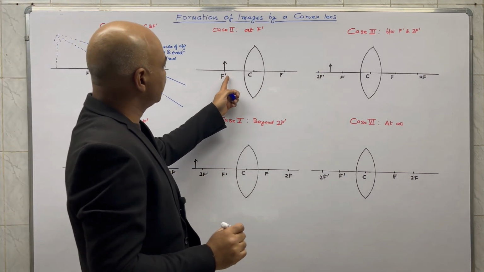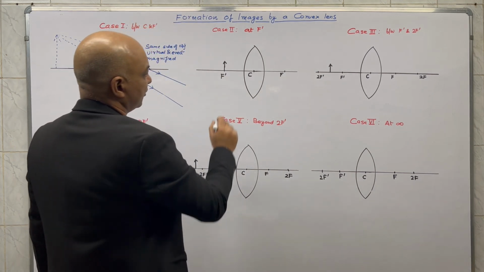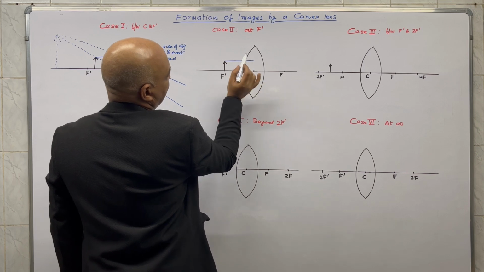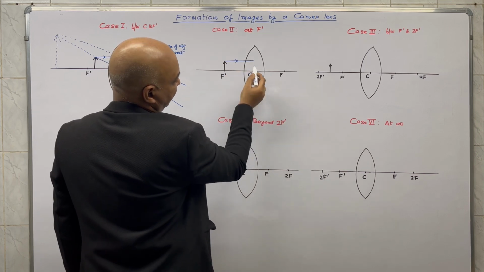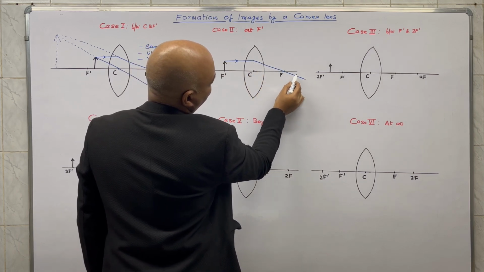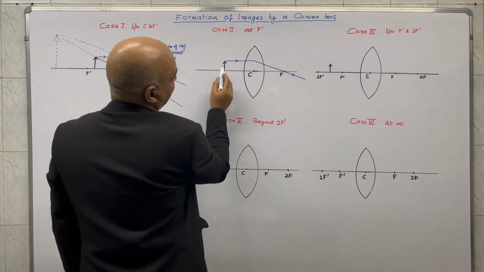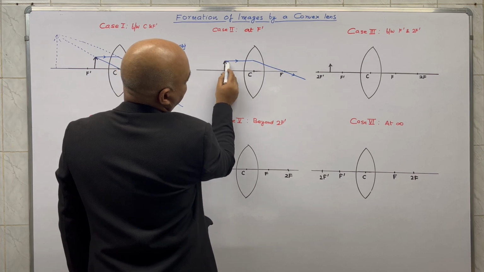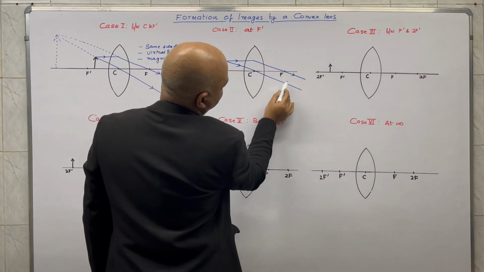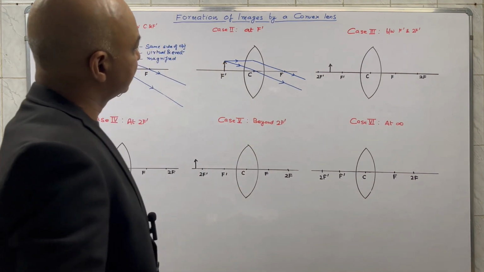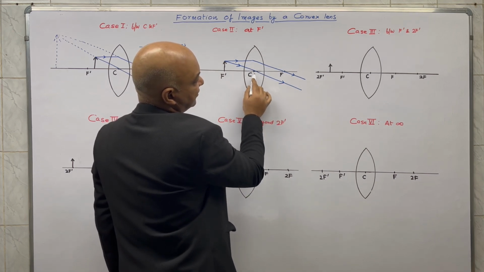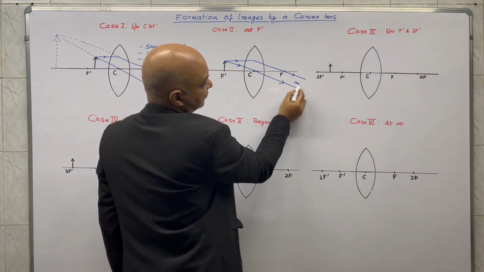Now I have kept the object at the focus f dash. First ray parallel to the principal axis. After refraction passes through focus, and another ray passing through C will go undeviated, and as we can clearly see, these two rays after refraction are getting parallel.